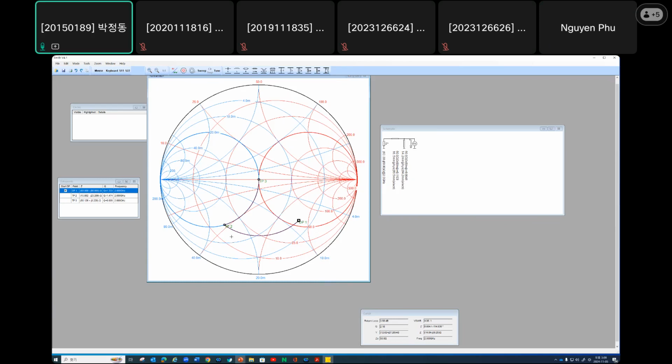Open stub or short stub? If we need inductance to resonate out, we should use the short stub. Short stub, right? Because the short stub means it's an inductor. Open stub is naturally capacitive, right?